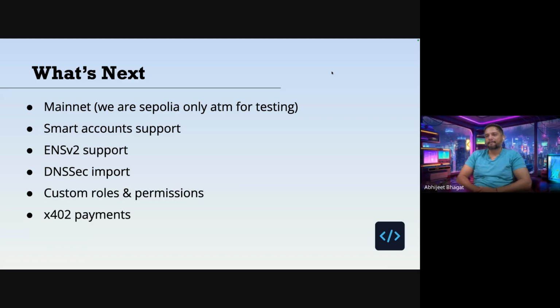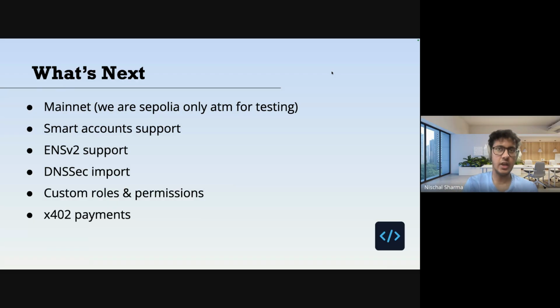Yeah. So if you don't know, suppose I have a DNS name like nischal.com, right? That's my website, and I want to use this as my wallet address also, and I want to use this on chain.